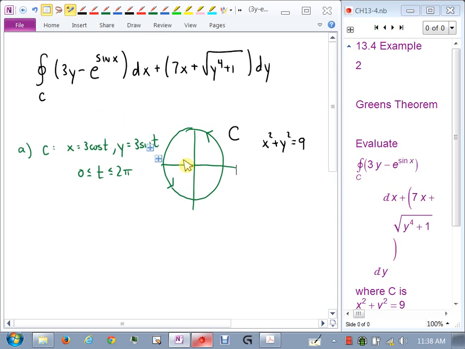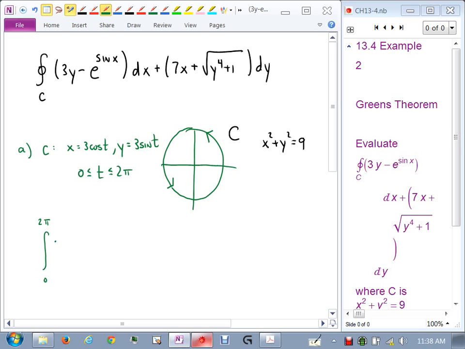Man, do you see what a mess this is going to be? I can turn this line integral into the integral from 0 to pi, or 0 to 2 pi, and then I need to do 3y minus e to the sine x.